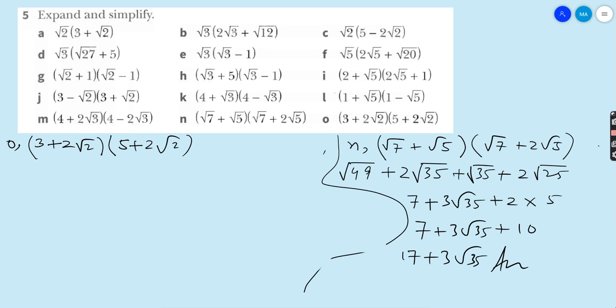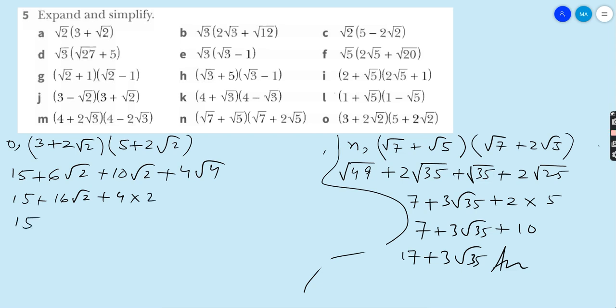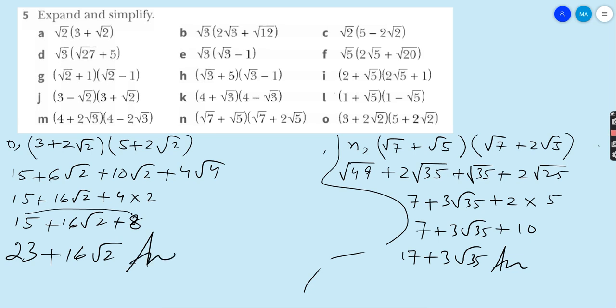Again, we will apply the ordinary multiplication method. 3 5s are 15, 3 2s are 6 root 2, 2 5s are 10 root 2, and 2 root 2 into 2 root 2, 2 2s are 4, and root 2 into root 2 is 2. 15 plus 6 root 2 and 10 root 2 is 16 root 2 plus 4 into root 4 is 2. 15 plus 16 root 2 plus 4 2s are 8. 15 and 8 is 23 plus 16 root 2.